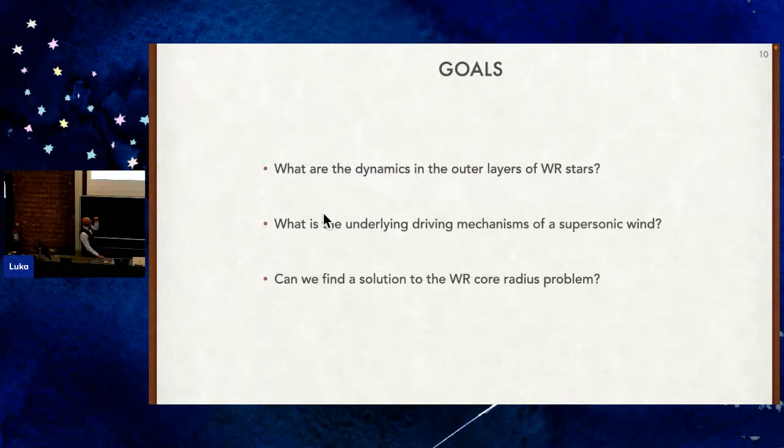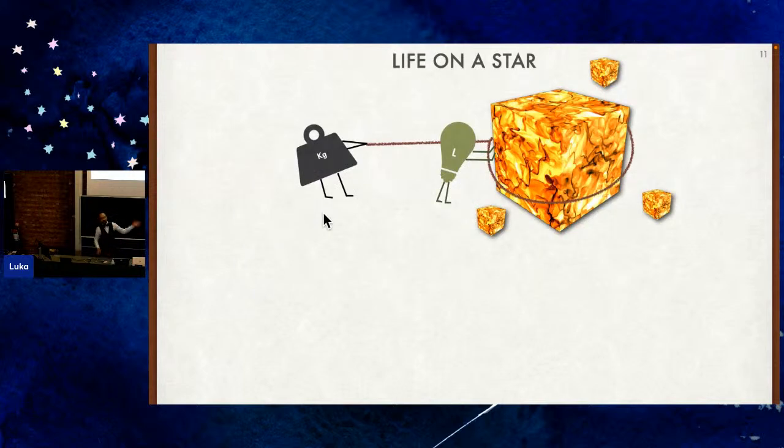So to answer all of this, we need to study radiation hydrodynamics, as the title suggests. And going back to the doodles, as at the beginning, radiation hydrodynamics will be the study of how the gas parcel, here presented in this orange cube, behaves under the influence of the force of gravity and the force of light.